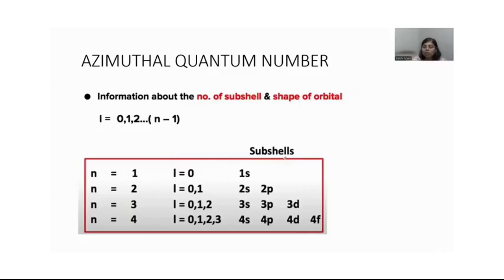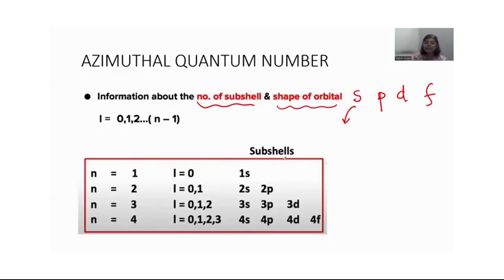Next is the azimuthal quantum number. It gives us information about the number of subshells and also the shape of the orbital. What do I mean by the shape and number of subshells? You must have known about the s, p, d, and f subshells in chapter 4, chemical bonding. The s subshell is spherical in shape, p is dumbbell shaped, d is double dumbbell shaped.